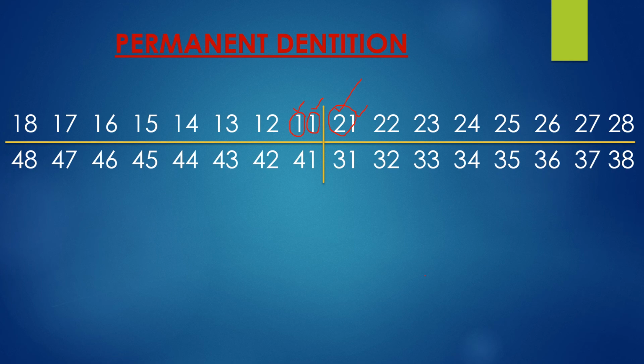Let's see one example, this 4-3. Here number 4 is indicating the lower right quadrant and number 3 is indicating the tooth number, that is canine. So 4-3 denotes the lower right canine.